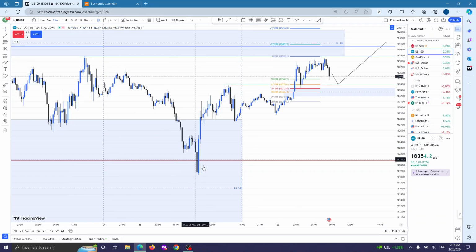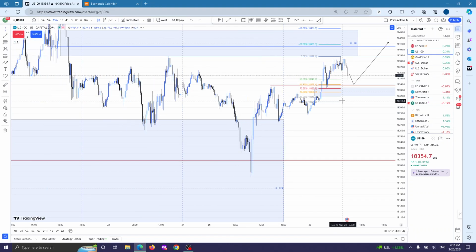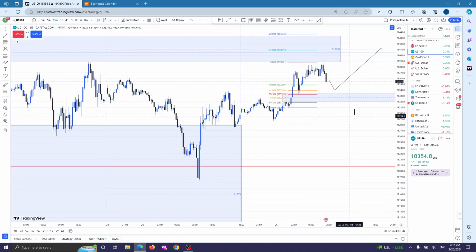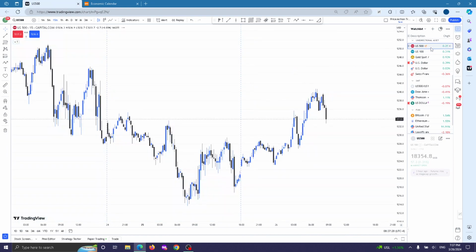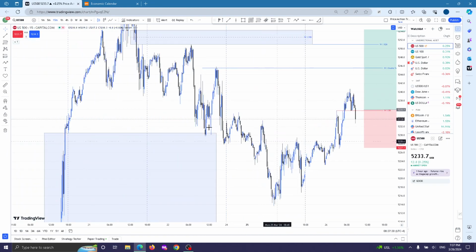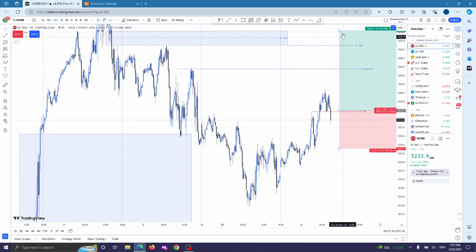This is Tuesday. We make Monday's low, unicorn. Monday low of the week. Most likely targeting this highs next. ES. Monday's low. We have a better range on ES though.